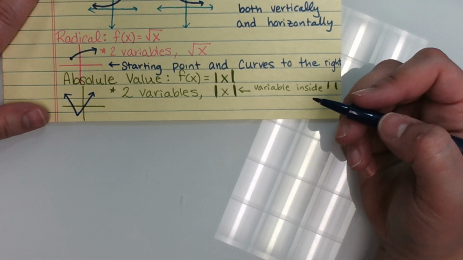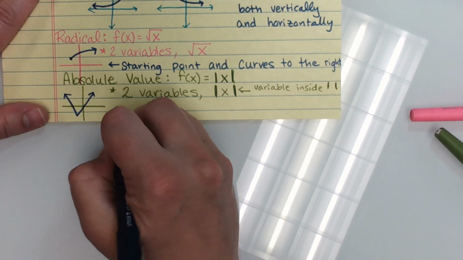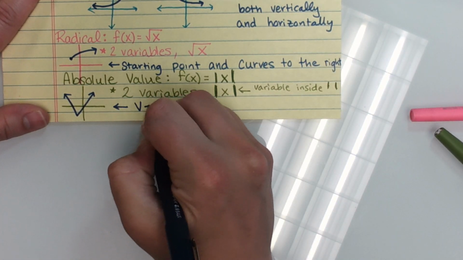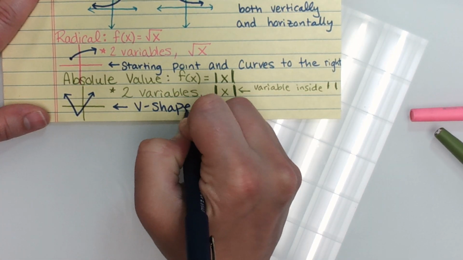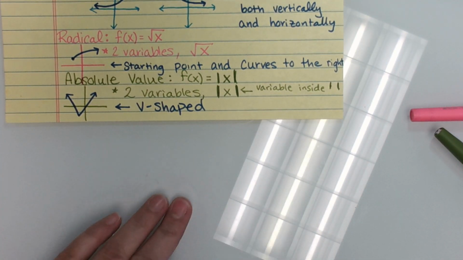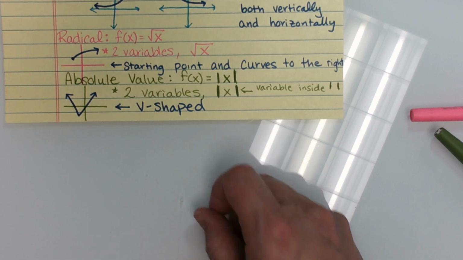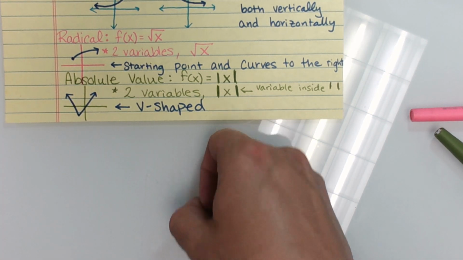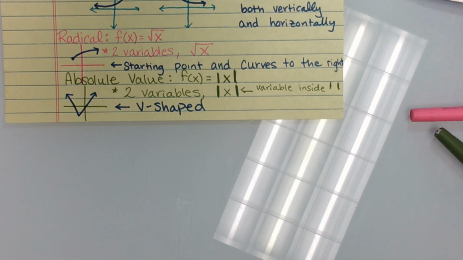Remember the V-looking graphs? That's an absolute value graph. It looks like a V. It could go upwards, could go downwards. Same with the parabolas. That's a matter of some reflections happening. That's generally what you're going to see.